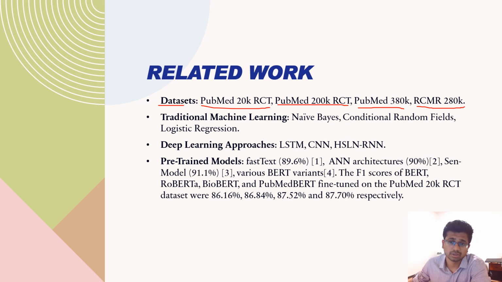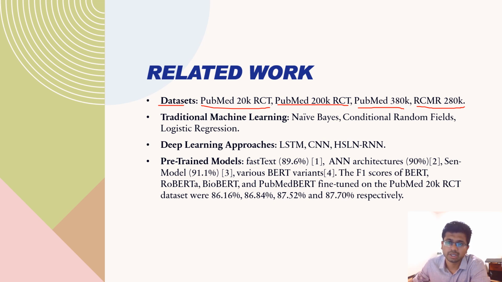This dataset particularly targets randomized clinical trials, so you will find sentences related to RCT papers. Similarly, this applies for PubMed 200K RCT as well, where we have sentences from 200K abstracts and it particularly focuses on RCT.